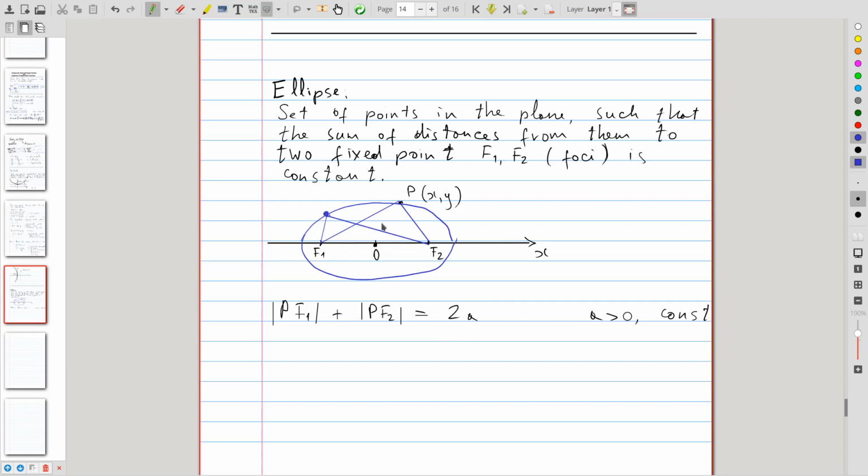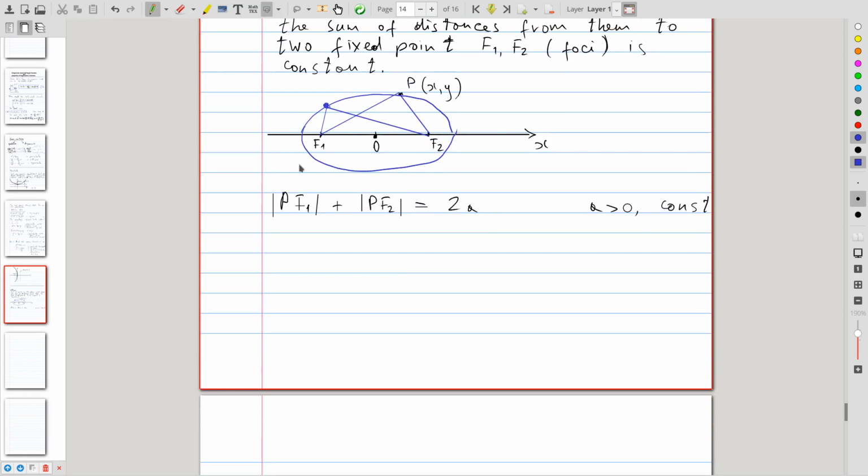And so the idea is that using this equation and the fact that you chose the coordinates of the foci to be symmetric, let's say f1 and f2 are of the following form. So they are symmetric with respect to the origin and lie on the x-axis. So using these expressions for f1 and f2, you can rewrite this using the distance formula like so.